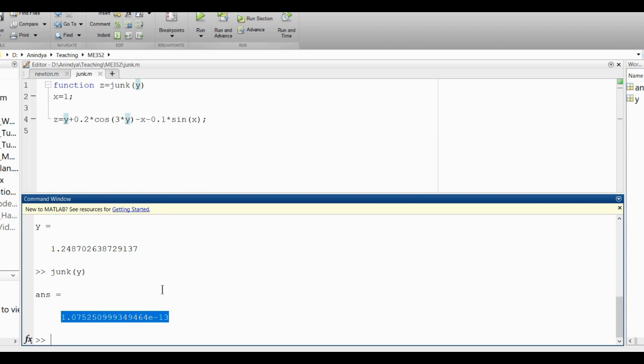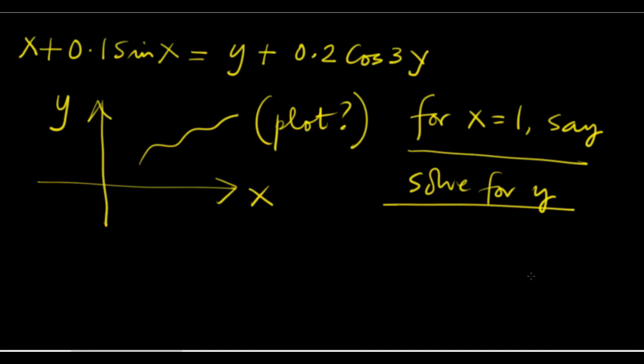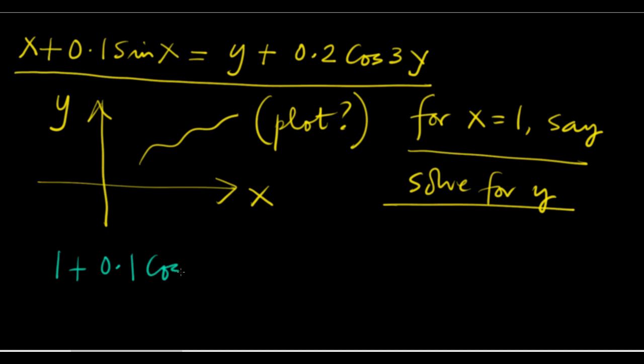Now my question is, how do I draw the entire graph? In this case, I can draw it using a trick, and the trick is like this. I can differentiate this expression with respect to x, and when I do that, then I get 1 plus 0.1 cos x minus y prime plus 0.6 sine 3y times y prime.